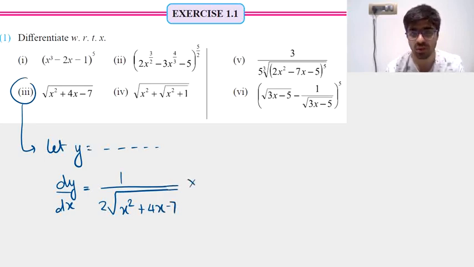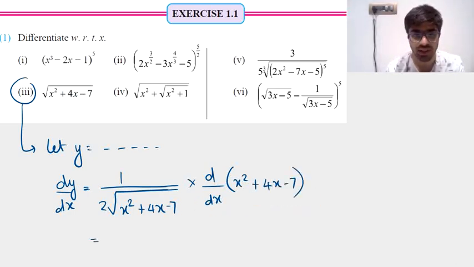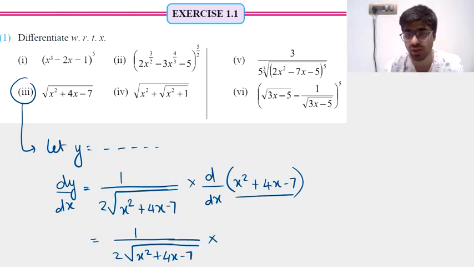That's the derivative, but you need to further multiply it with d by dx of whatever came in place of x, which was x square plus 4x minus 7. So the final dy by dx will be 1 upon 2 root of (x square plus 4x minus 7), multiplied by the derivative of this, which is 2x plus 4.